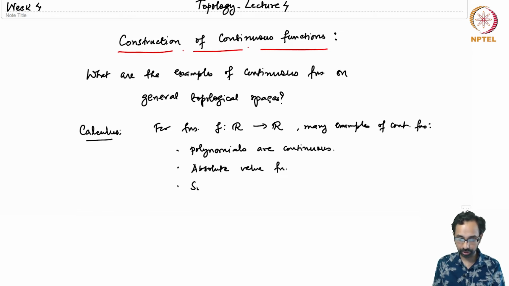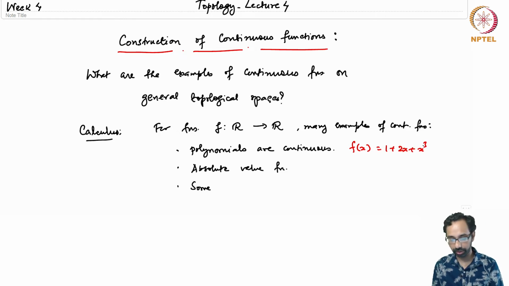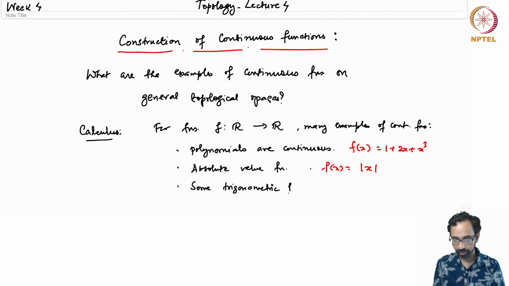Then some trigonometric functions. So let me just write some examples. Here explicit examples are f(x) equals 1 plus 2x plus x cubed, something like this. Here f(x) is just the absolute value function, mod x. This is a continuous function. And then trigonometric functions are continuous, for example, f(x) equals sine x or cos x.